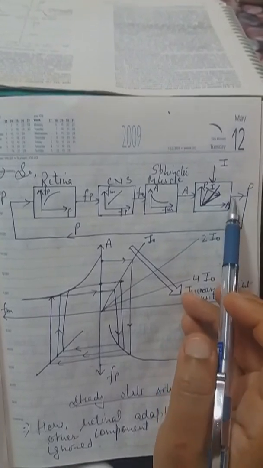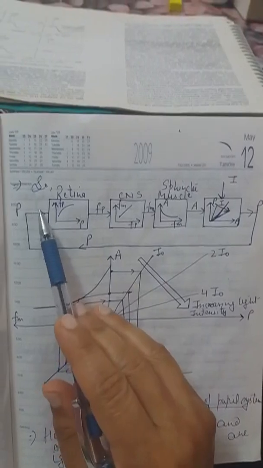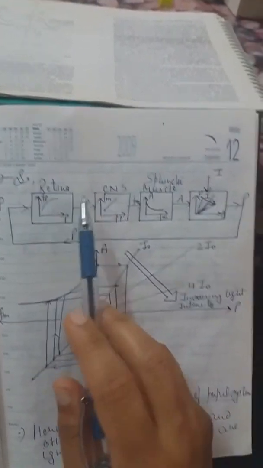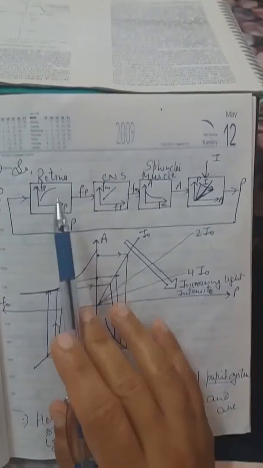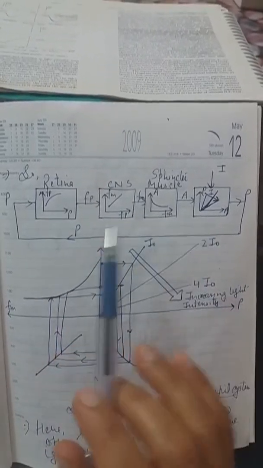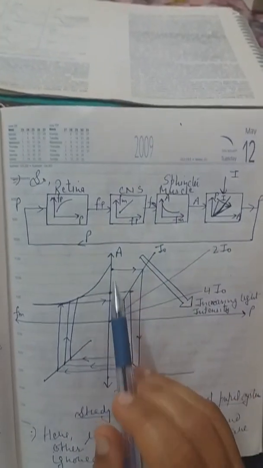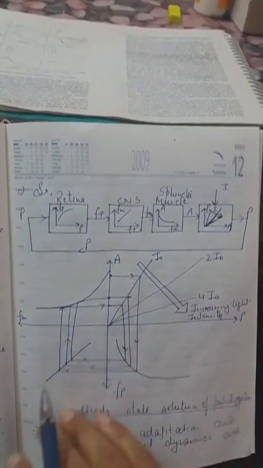This flux, that is the output of the system, is fed back to the system here at the retinal block. So these are the characteristics at sub-block levels.